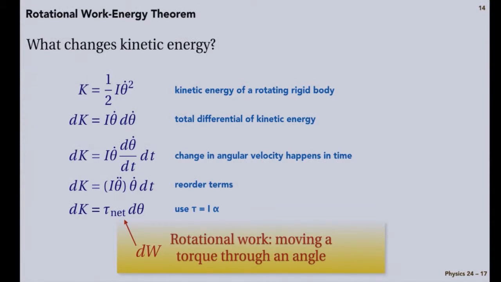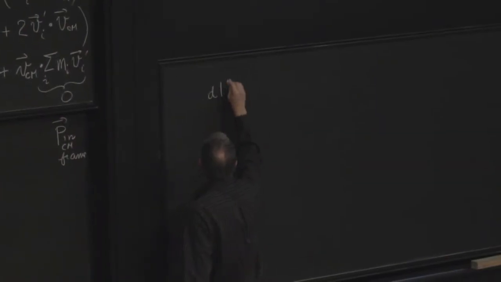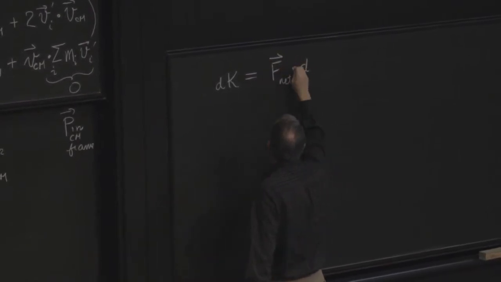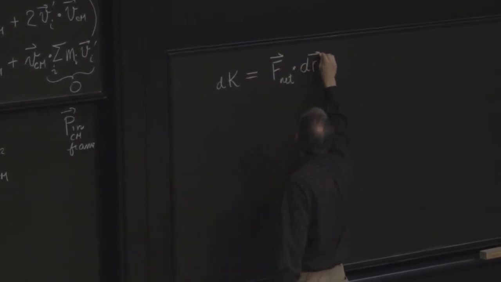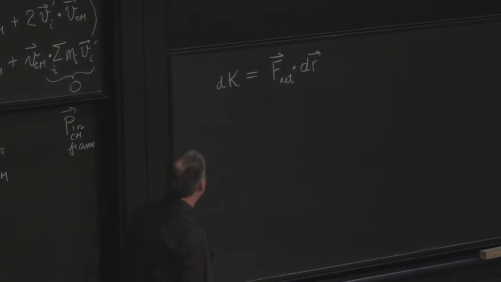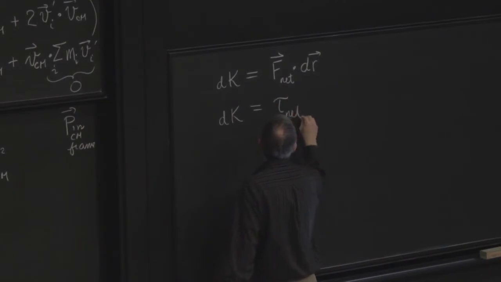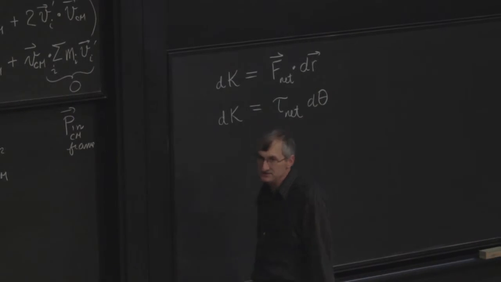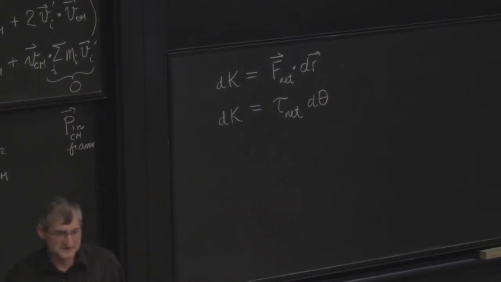Before, we had dK equal to F net dot dr. And now we have the change in kinetic energy is the net torque times the change in the rotational position. So those are just analogous.